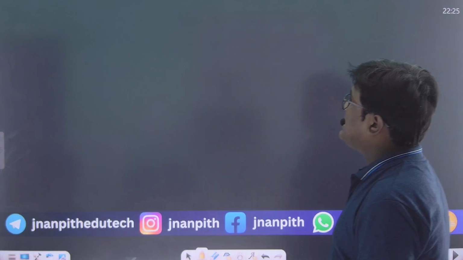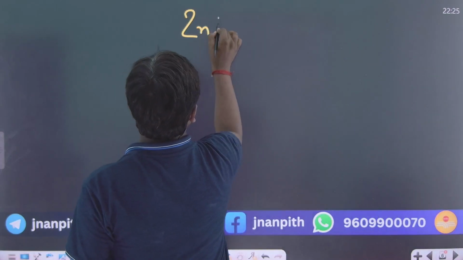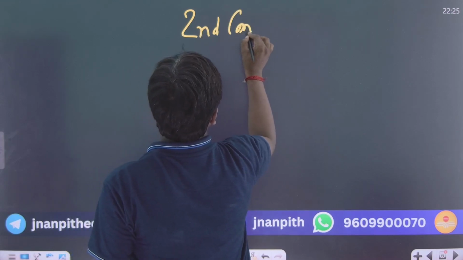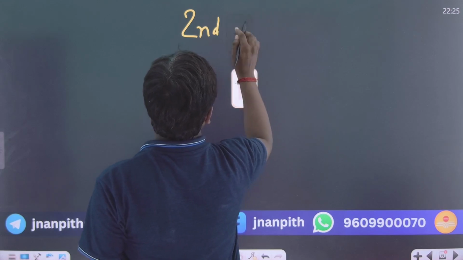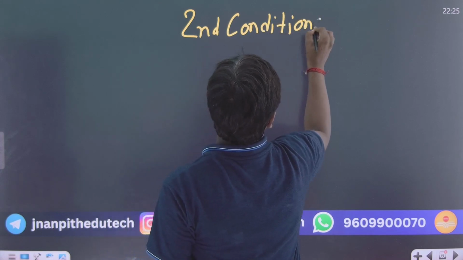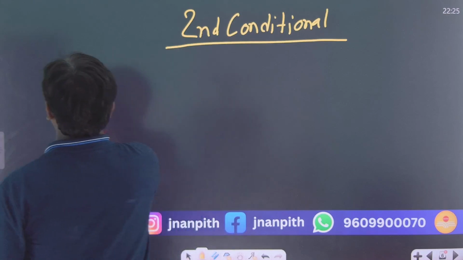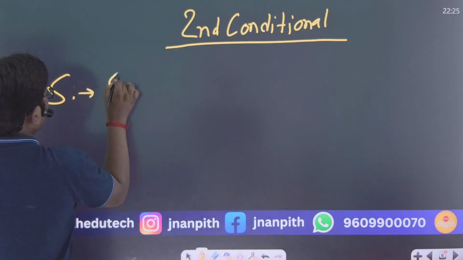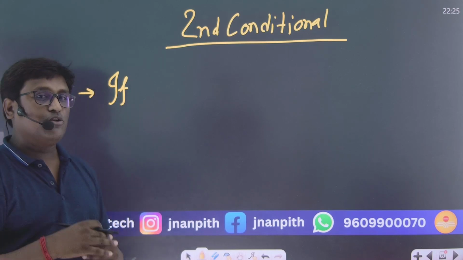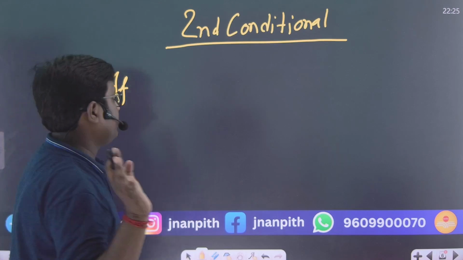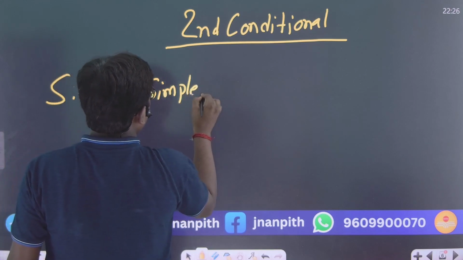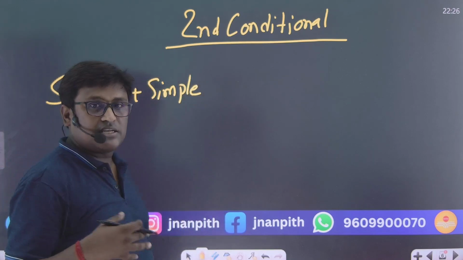Next we'll see second conditionals. Once again the structure will change. Second conditional. The structure is: the if clause will tell us the condition and it will be a subordinate clause. That's it. If plus simple past. The present tense days are over.